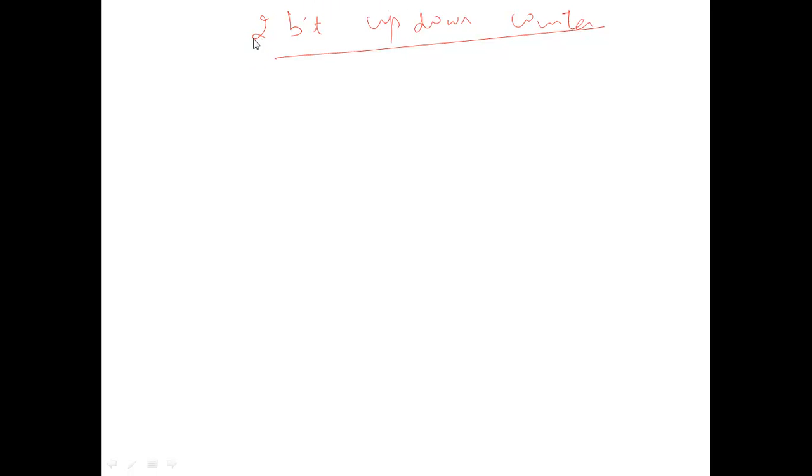So there should be some external control. Let me call that control signal X. Whenever X equal to 0, it counts up, and whenever X equal to 1, it counts down. So let us say like this.